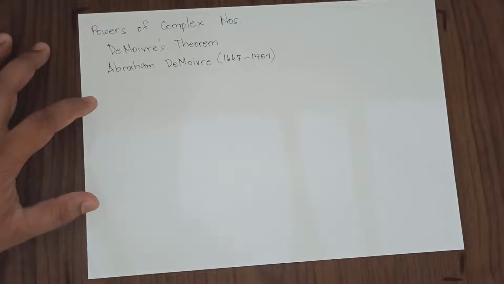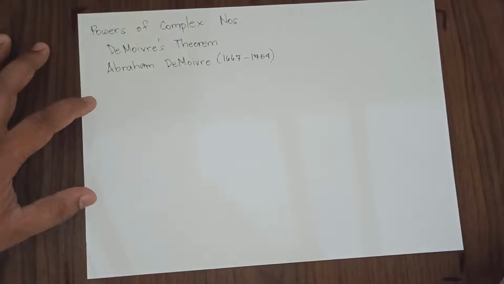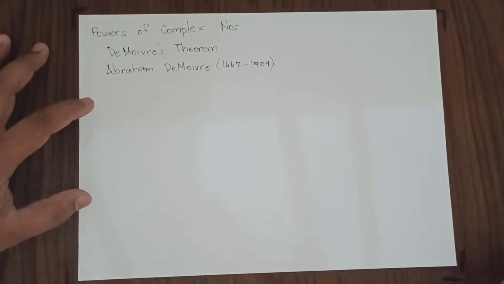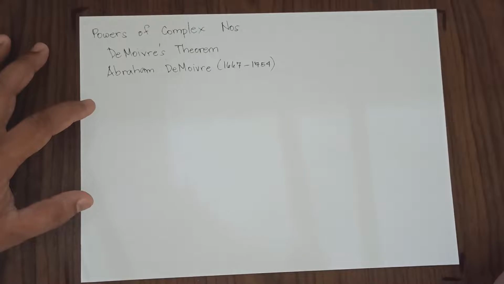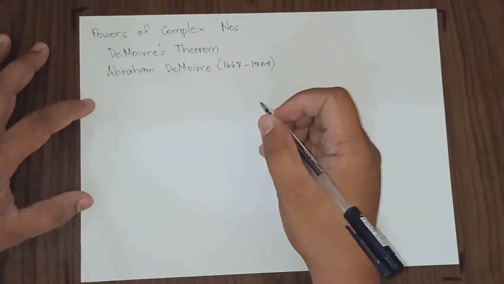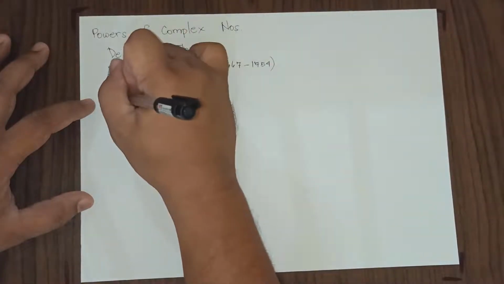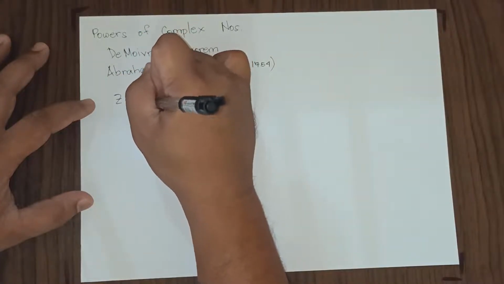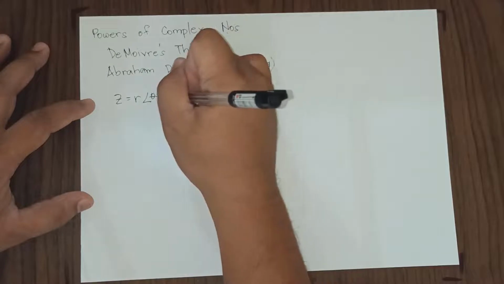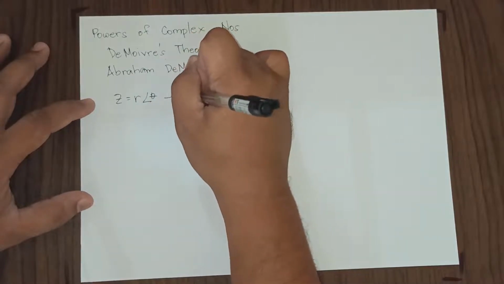So, but in terms of the form of complex numbers, in the form of polar form, trigonometric form, and exponential form. And what are those forms? Okay, ano nga yung mga form na yan? So kapag z is equal to r bar angle theta, yan ay polar form.